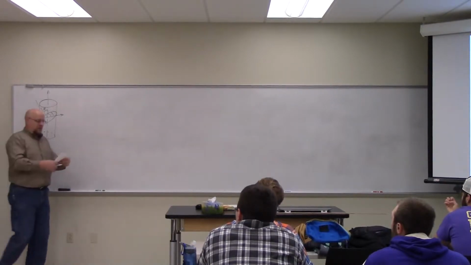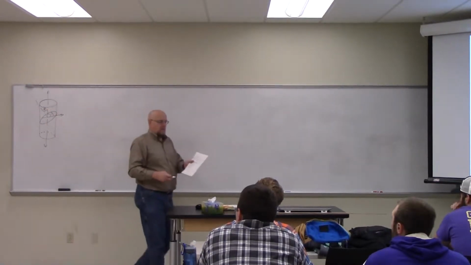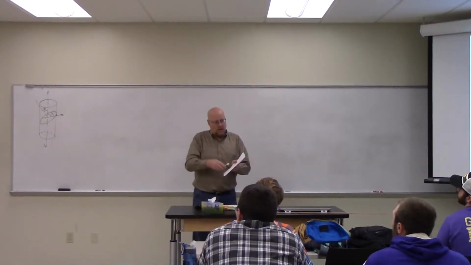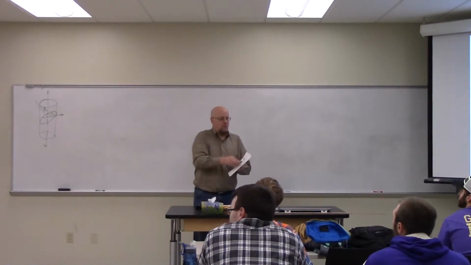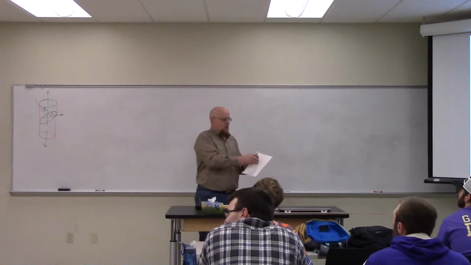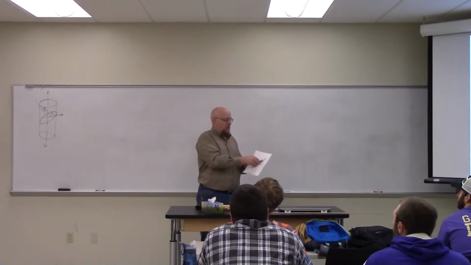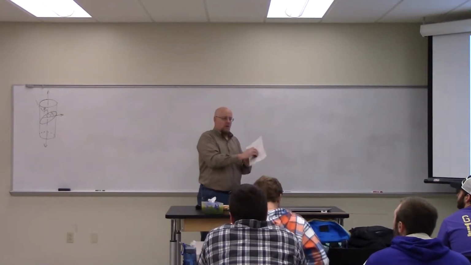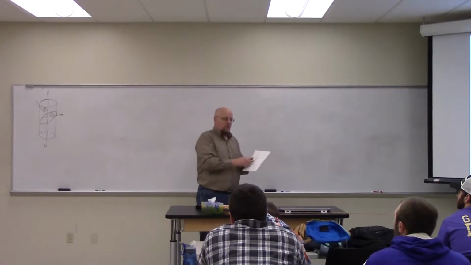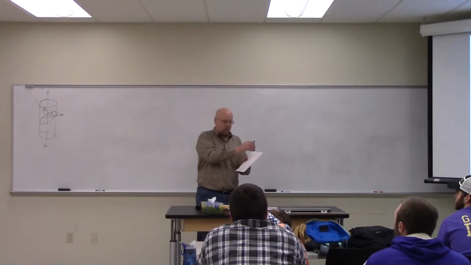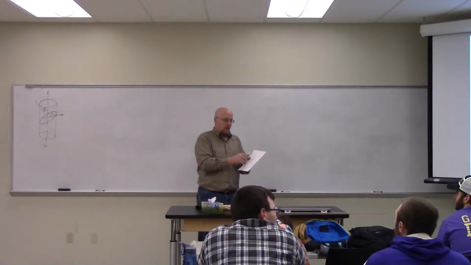If this is the plane, the direction could be off there from corner to corner, depending on how the plane is oriented. That's the close packed direction, the atoms are lined up in that direction.